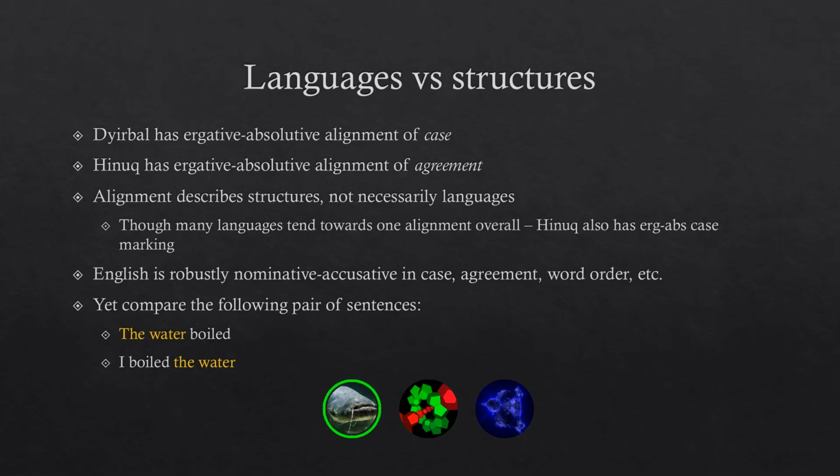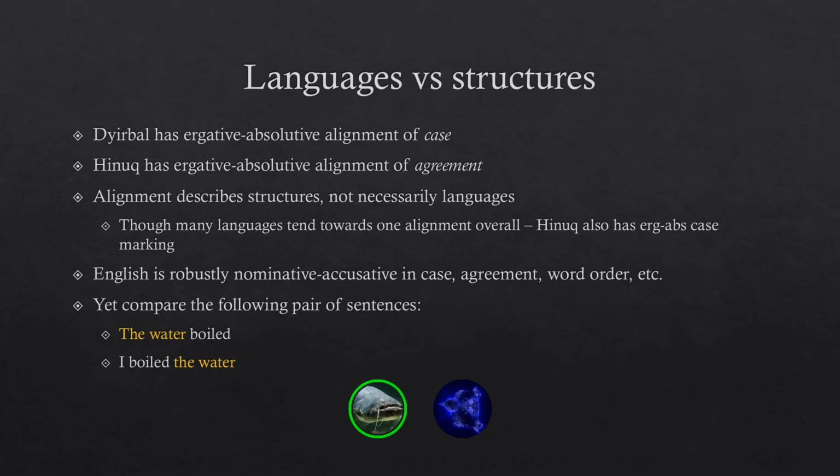Word order also. You could imagine a language that doesn't have case or agreement, but is still aligned with respect to word order. If you have a language with absolutive verb order, you could have the subject and then the verb, I run.